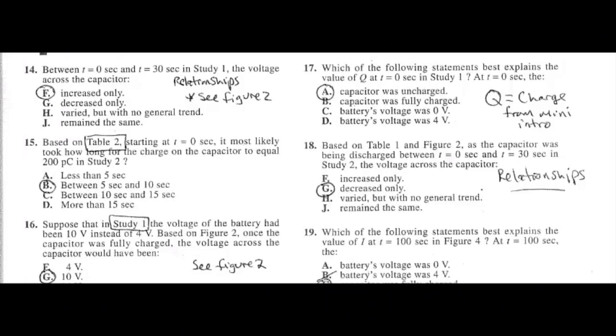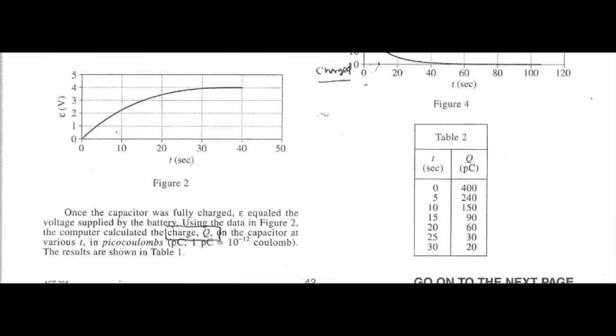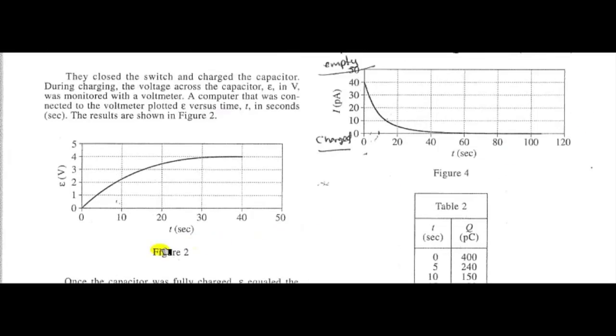Test 70A, Science, Practice Problem number 14. Number 14 reads, between t equals 0 seconds and t equals 30 seconds in Study 1, the voltage across the capacitor did what? First thing we need to do is take a look at Figure 2. Figure 2 says time versus volts. And how do you know it's volts across the capacitor?